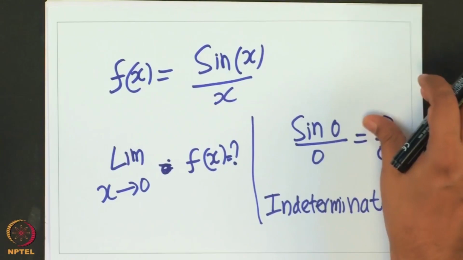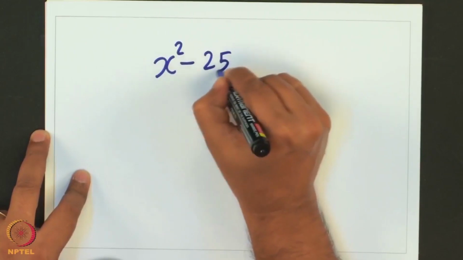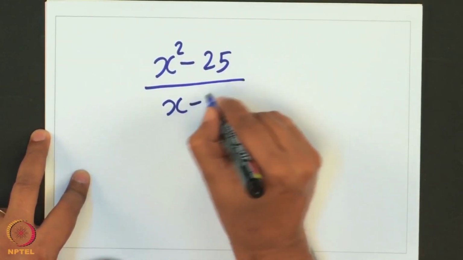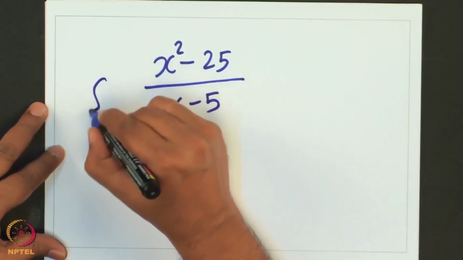You could think of many other examples, like a simple function, for example, x square minus 25 divided by x minus 5. This is some function f of x.